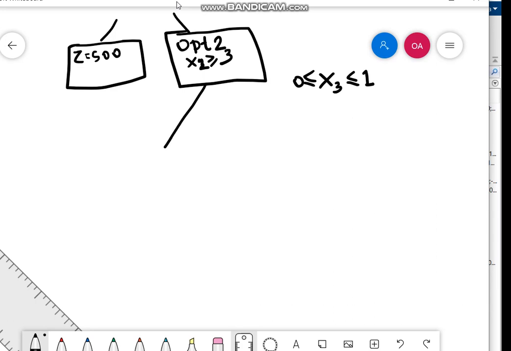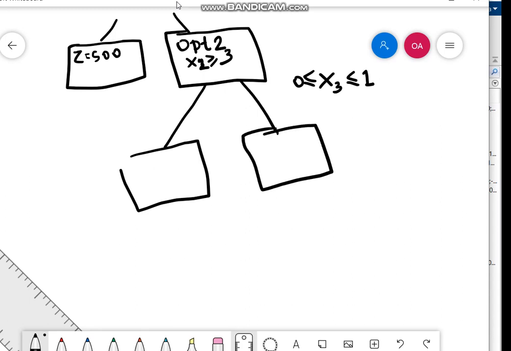So we have two new problem setups. We are already in the second optimization problem. So x3 can only have a value of 0 right now because it cannot be less than 0. The other problem is when x3 is greater than or equal to 1.